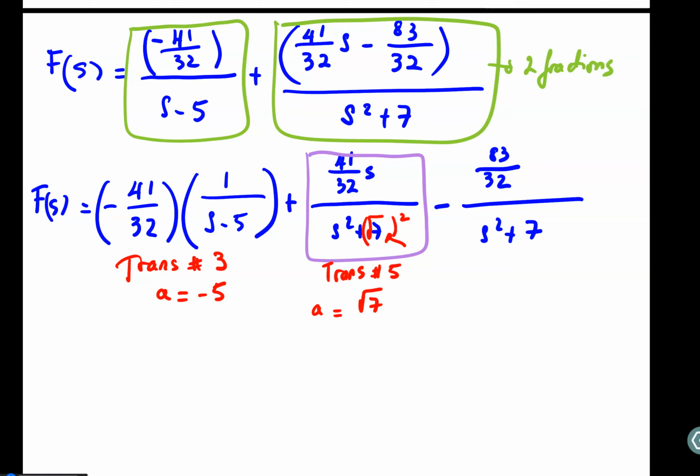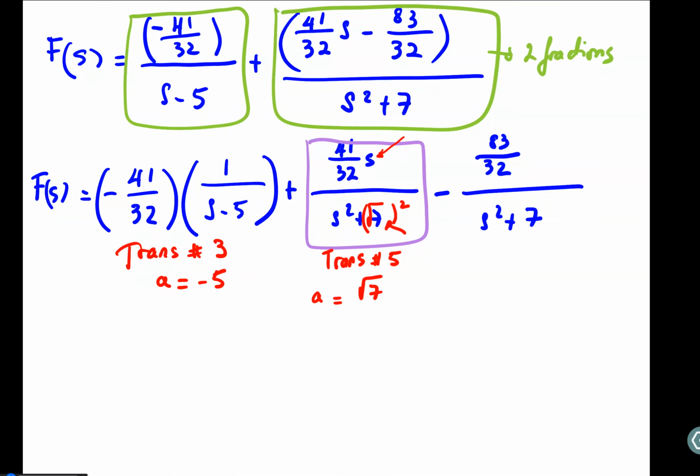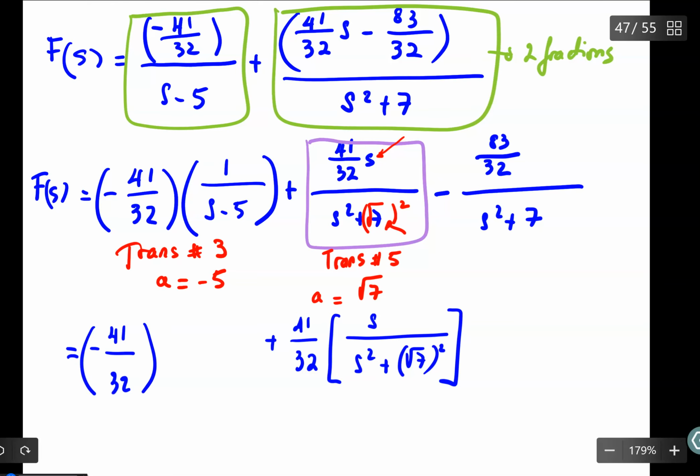So here I have s, but I don't need 41 over 32. So what you can do is pull the 41 over 32 outside the brackets, and in here you should have s left, and you have s squared plus root 7 squared. Alright, so let's write our first fraction again.